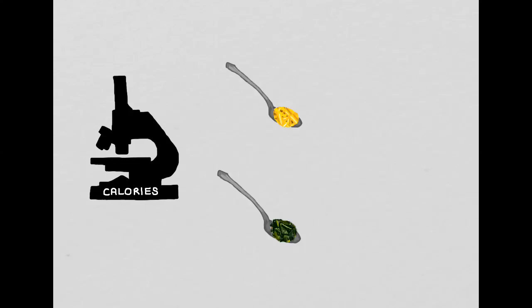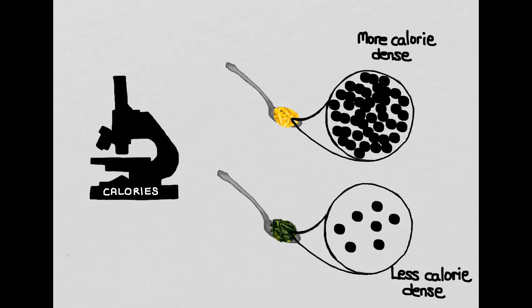And what do we see? We see that the same amount of mac and cheese has many, many more calories than the same amount of collard greens. And so we call mac and cheese more calorie dense than collard greens. Collard greens is less calorie dense than mac and cheese.